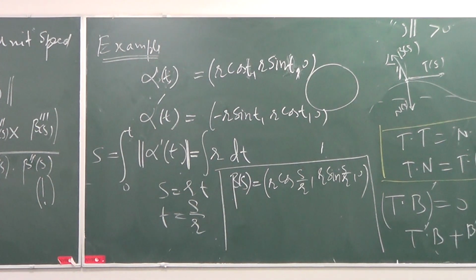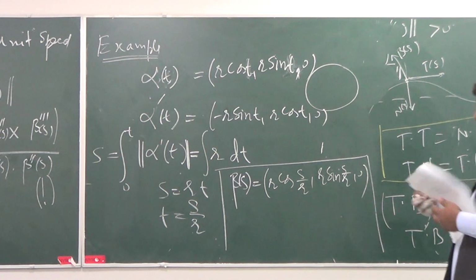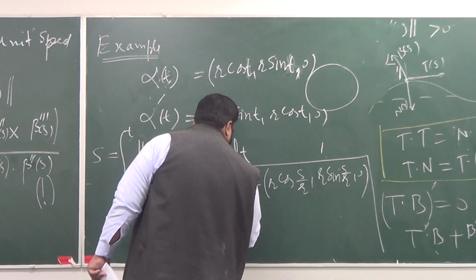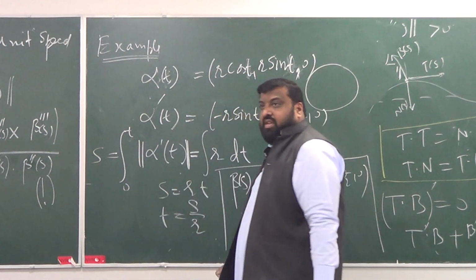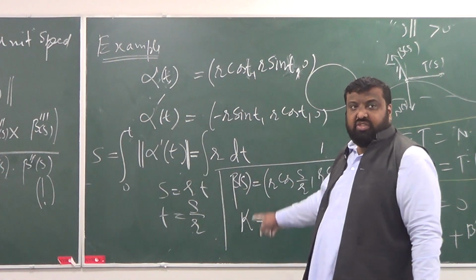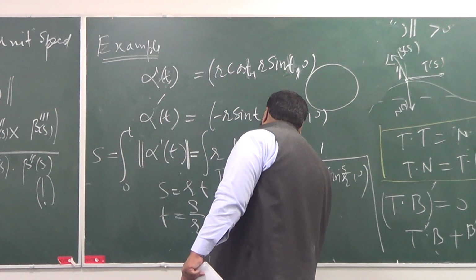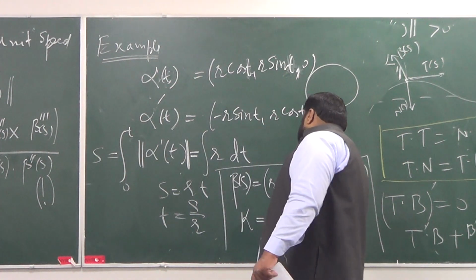And then I have these formulas. I can easily compute two derivatives and then compute the magnitude. I'm not doing the calculations, but it turns out that if you compute the kappa for this unit speed curve, it is, as per our expectation, 1 over r.